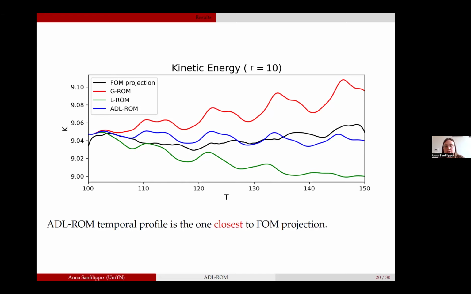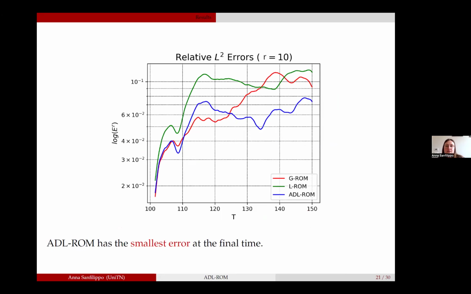and this is quite a good result starting from such poor data, so from a finite element solution that is not smooth at all. And also the relative and absolute L2 errors, because they are very similar graphs, confirm our expectations, since ADL-ROM has the smallest error at the final time, but also on average over all the time interval.